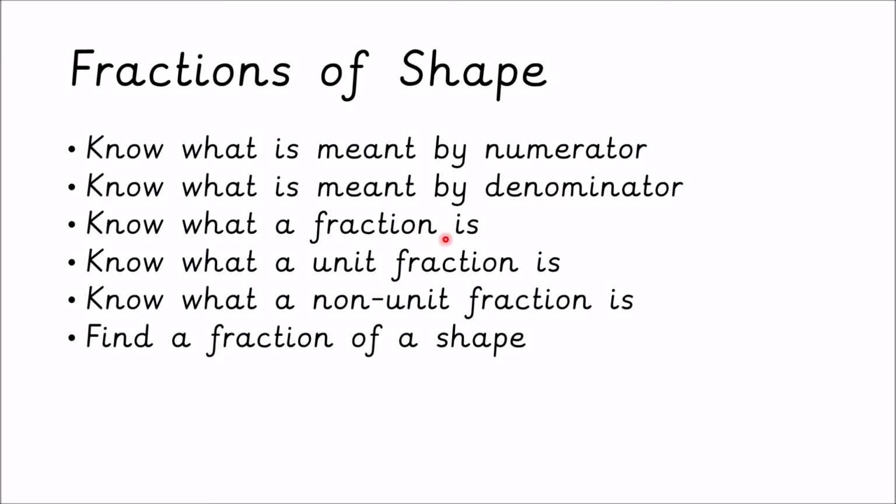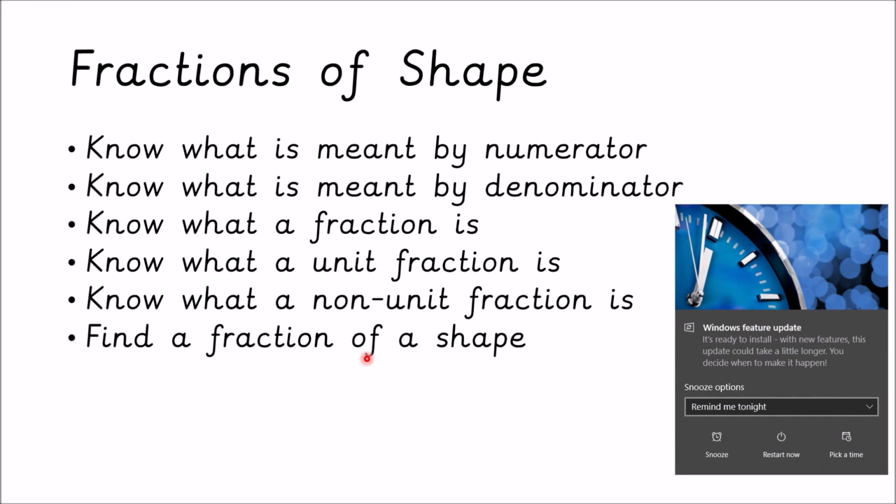We know that a fraction is a part of a whole shape or number. We know that a unit fraction is a fraction where the numerator, the top number, is 1. We know that a non-unit fraction is a fraction where the numerator is a number that is not 1. And we know that if we want to find a fraction of a shape, we need to divide it into equal pieces, and the denominator will tell you how many equal pieces, and then you need to shade in by the numerator.